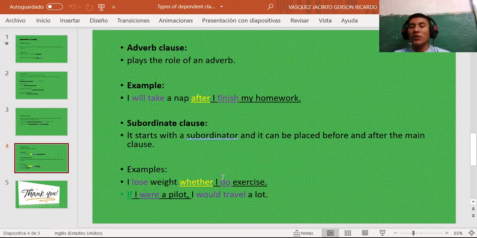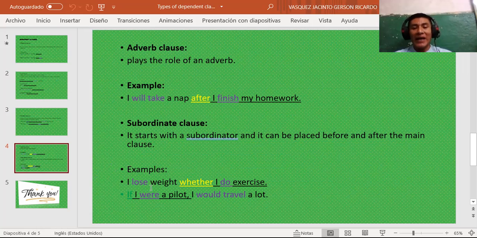As we know, in this case we need a subordinator, which is the most common term to identify it. A subordinate clause starts with a subordinator and it can be placed before or after the main clause. So let's take our example.